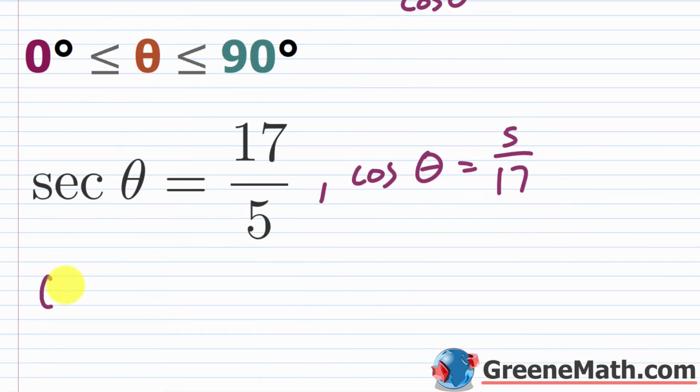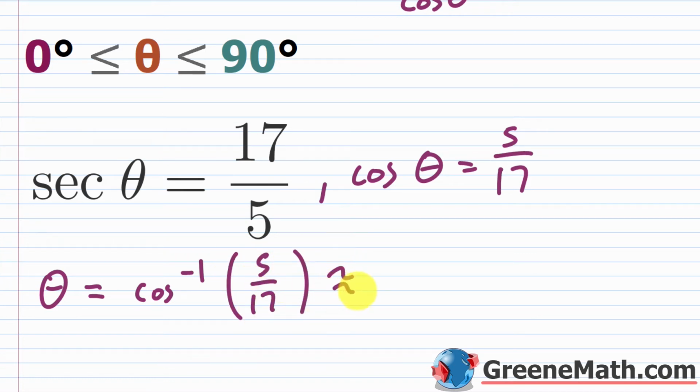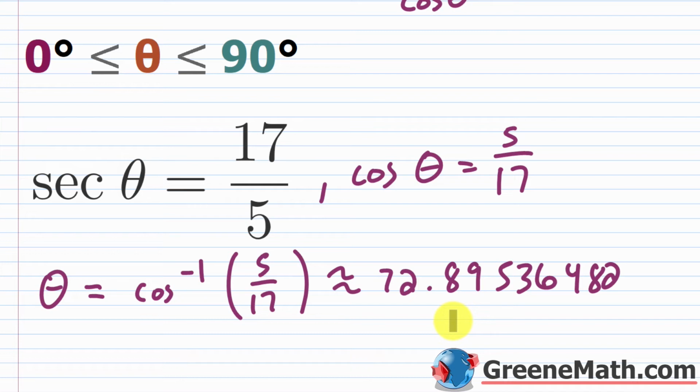I can say that theta is equal to the inverse cosine of this 5 over 17, and this is approximately 72.89536482, that's where my calculator stops. So again, I want to round to the nearest 10,000th.